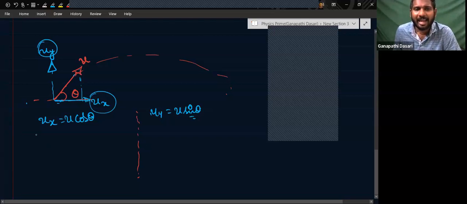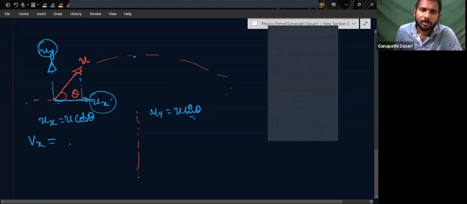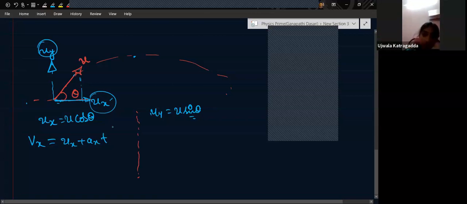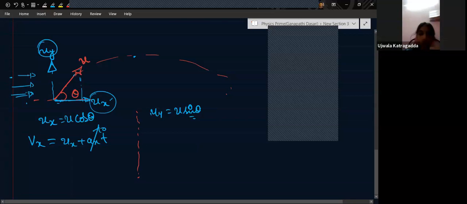Then the x direction velocity vx. At any point, will there be variation in the velocity in the x direction? vx is equal to ux plus ax t, if it is constant acceleration, you can apply this. But ax is 0. Is there any acceleration in the horizontal direction? No, at least for this projectile.